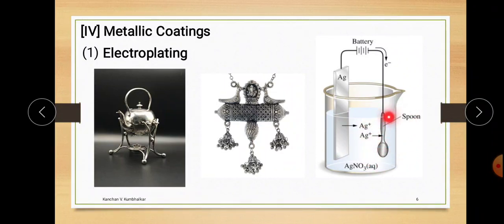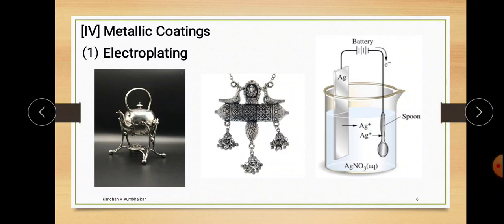We want to electroplate this spoon with silver. So silver is connected as the anode to the circuit, and the article which we want to electroplate is connected to the battery to behave as a cathode.